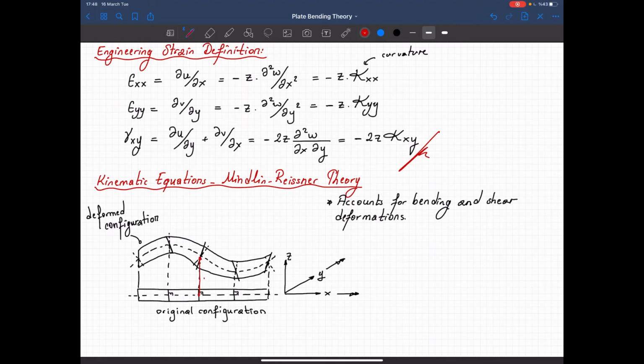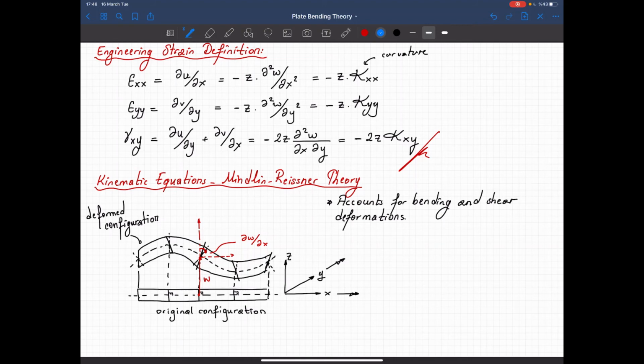So this distance is W. Now we know that this angle is del W over del X, okay?